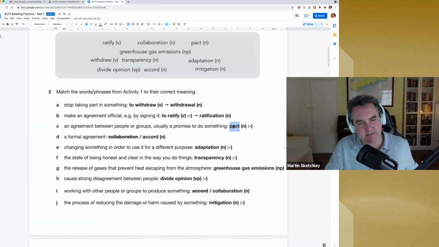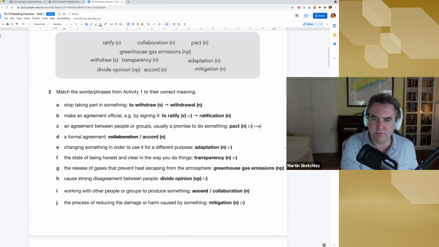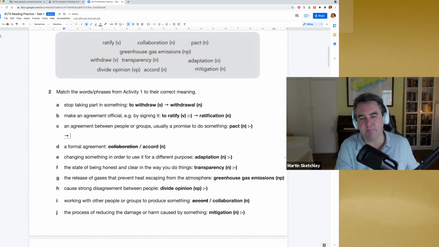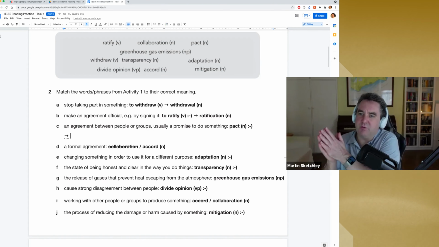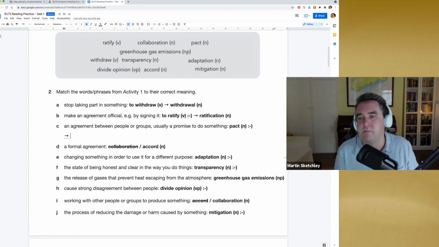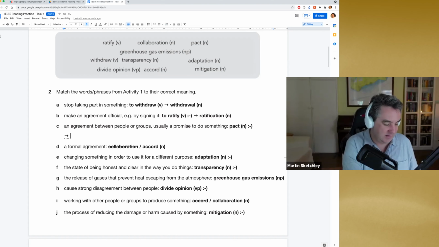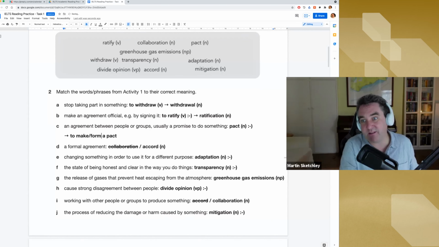So a pact would be a noun, and what sort of verbs would connect with this noun? What sort of verbs would match? To make a pact. Yeah, to make a pact. That's good. To form a pact, or to create a pact.